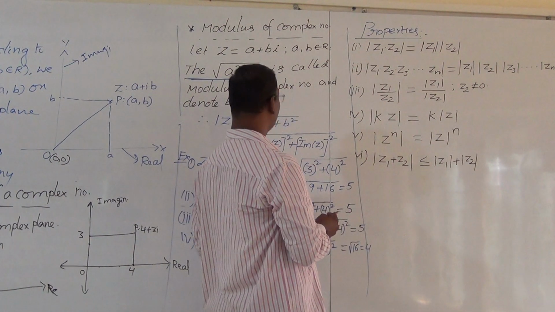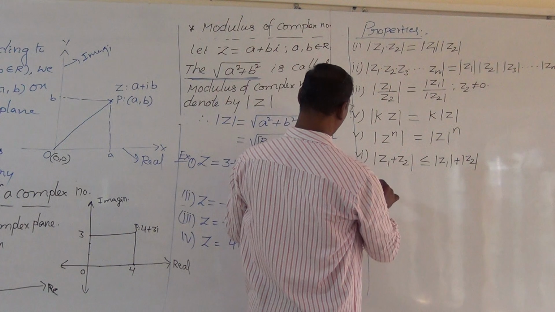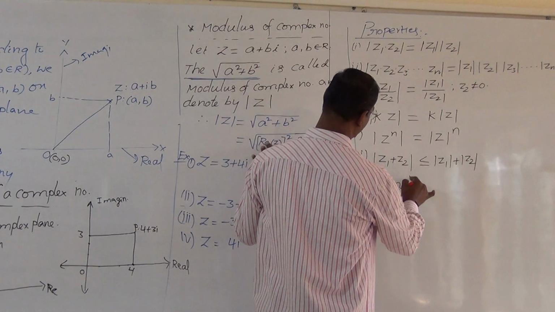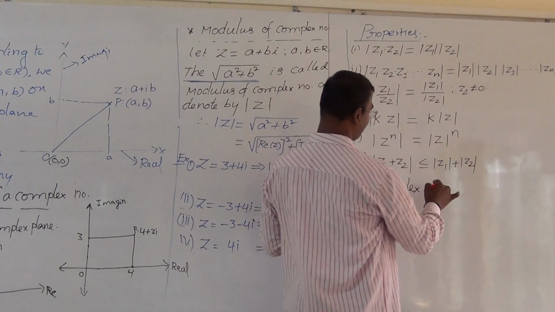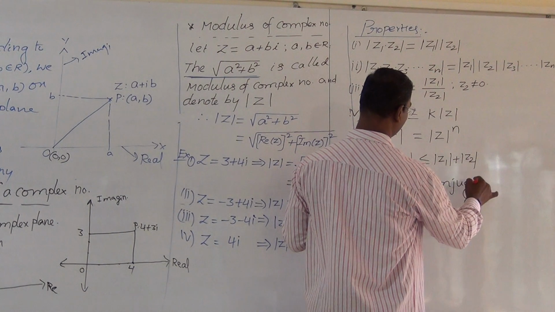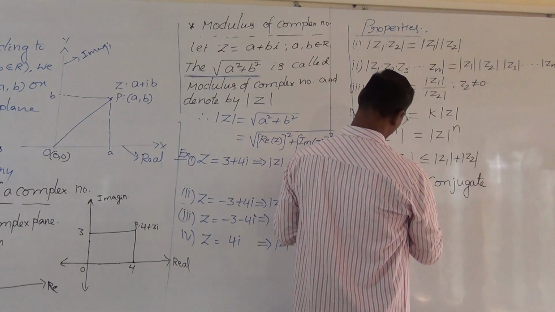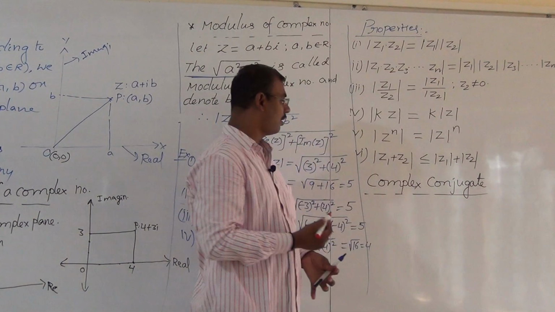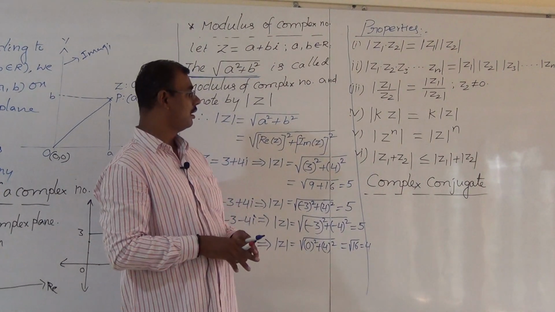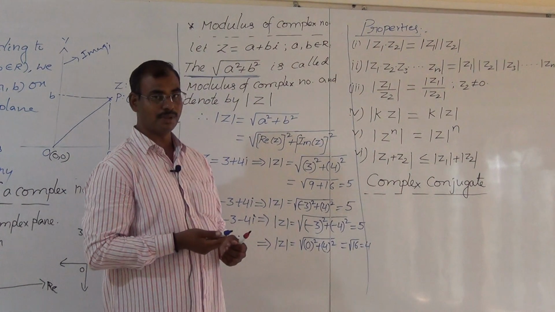Next we are going to the next topic, complex conjugate. Complex conjugate means the conjugate of a complex number. How do we define the conjugate of a complex number?